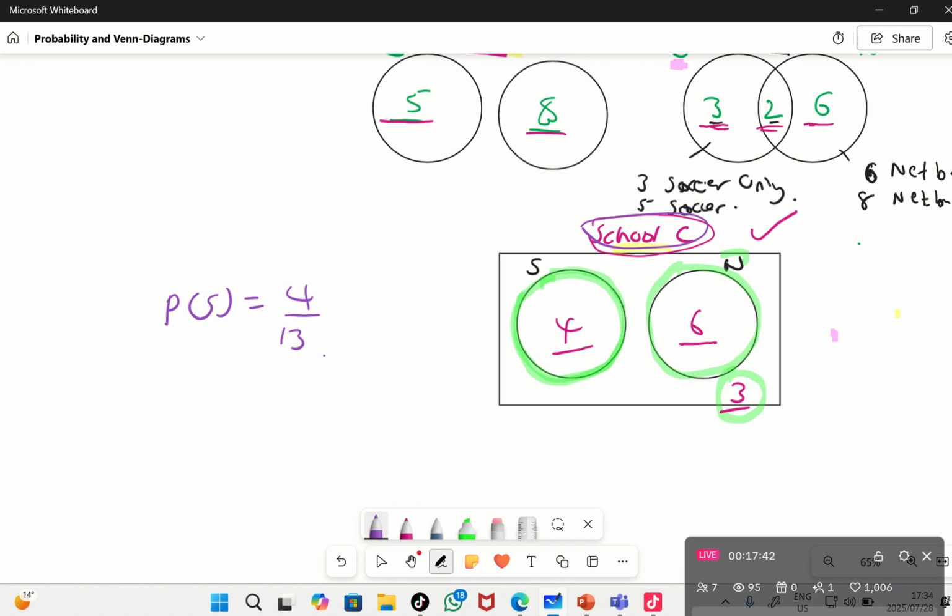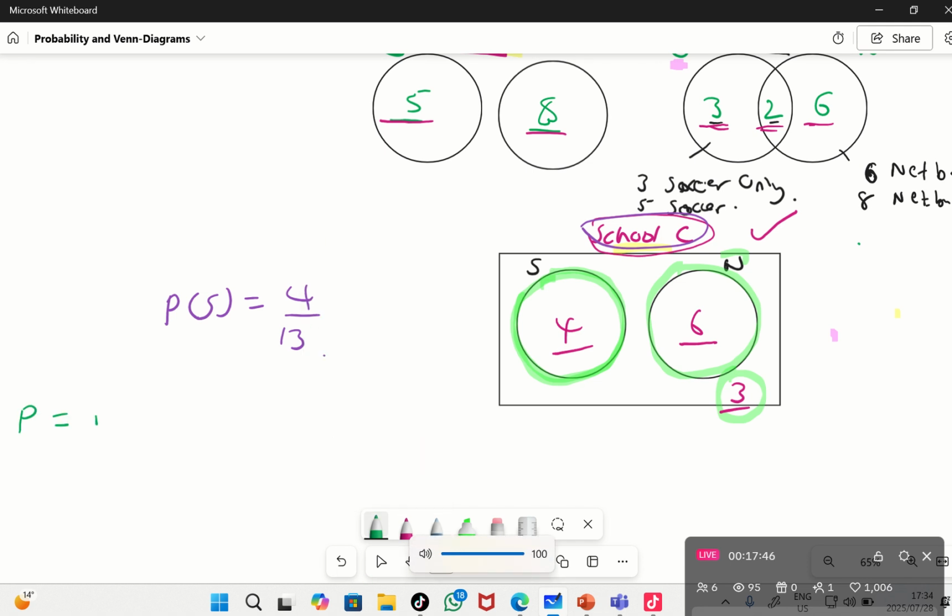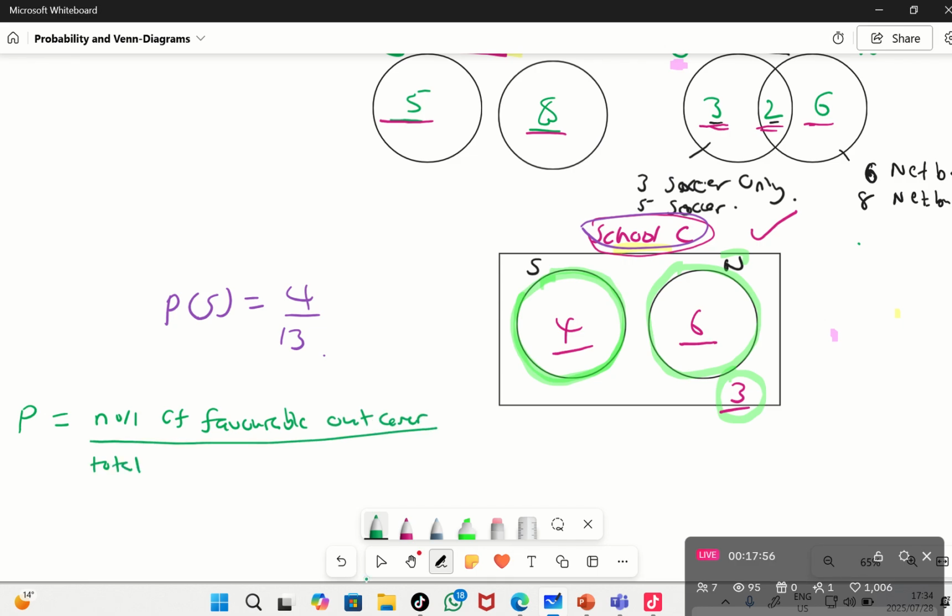Now, how do we get this? You remember that the formula for probability is the number of favorable outcomes over the total number of possible outcomes.